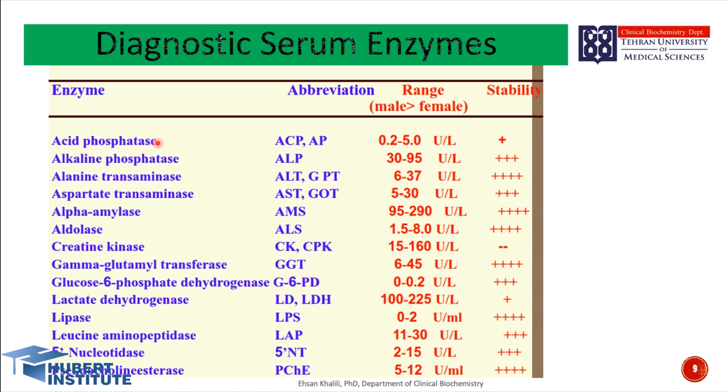It's abbreviated as ACP or AAP, alkaline phosphatase as ALP, alanine transaminase as ALT, and the rest of the enzymes you see here with their abbreviations. We will learn about most of these enzymes because they are important in the clinic, and you will face most of them.